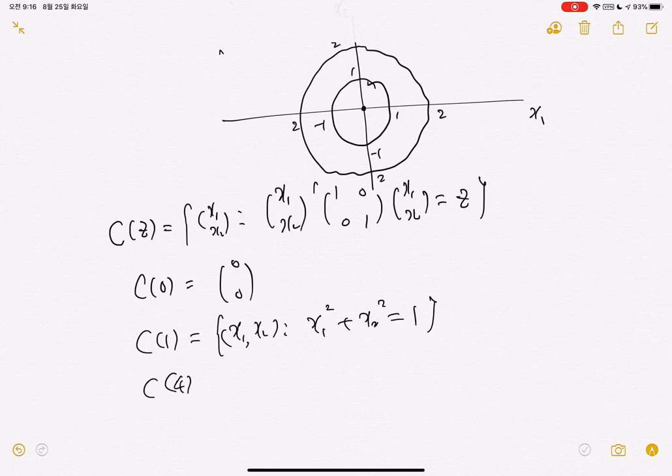Okay. All right. So the quadratic form creates a circle when the matrix in the middle is an identity matrix. What about this one? Okay.